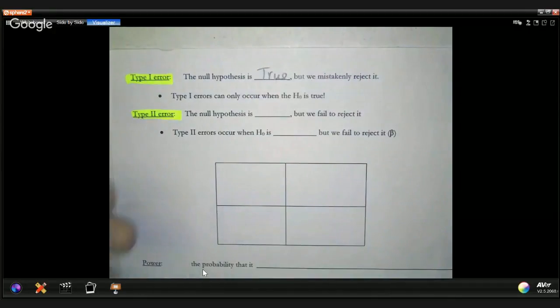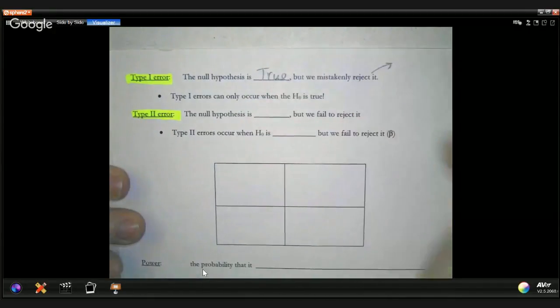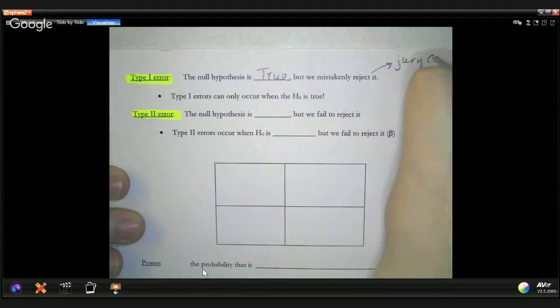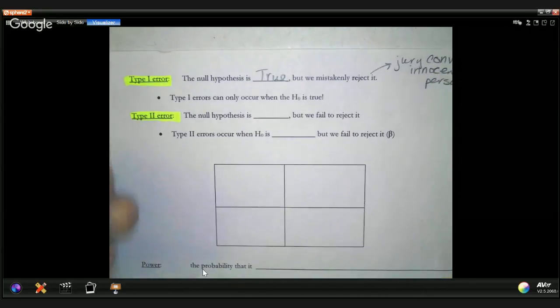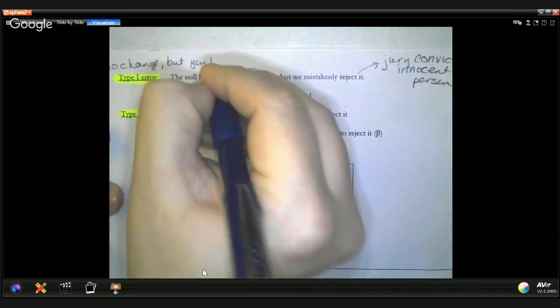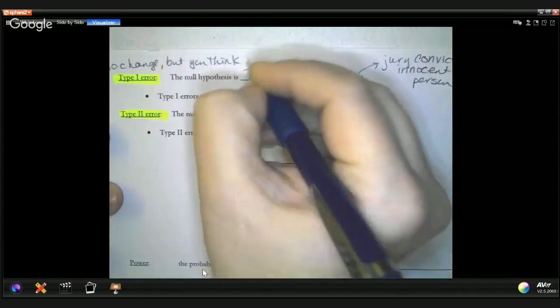An example of this would be if the jury convicts an innocent person. Another way to look at a type 1 error is that there's no difference. Nothing changed, but you think there is. And when you think there's change, you're going to reject it.